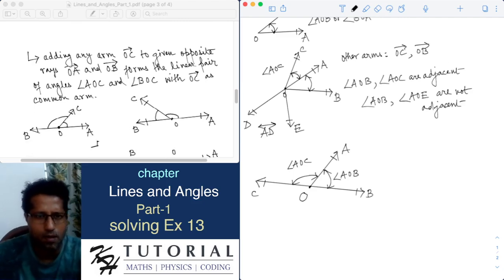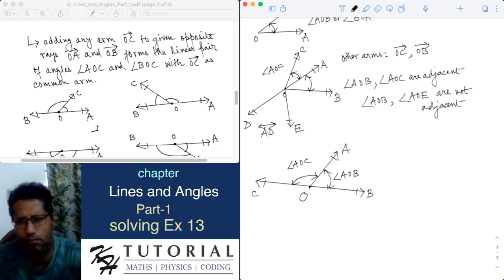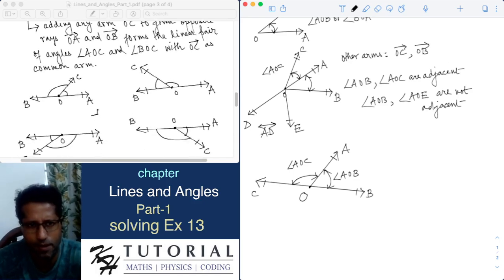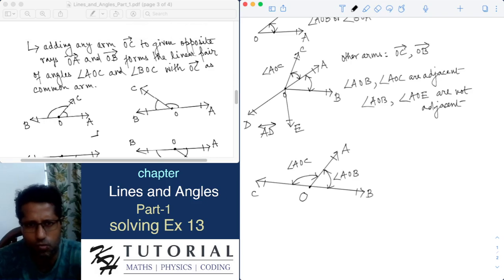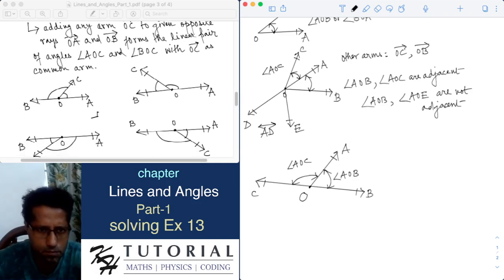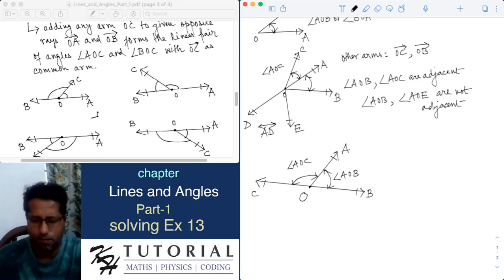Now, how do we actually form a linear pair of angles? You can see that adding any arm OC to the given opposite rays OA and OB forms the linear pair of angles AOC and BOC with OC as the common arm. So to form a linear pair of angles, you will need a line.